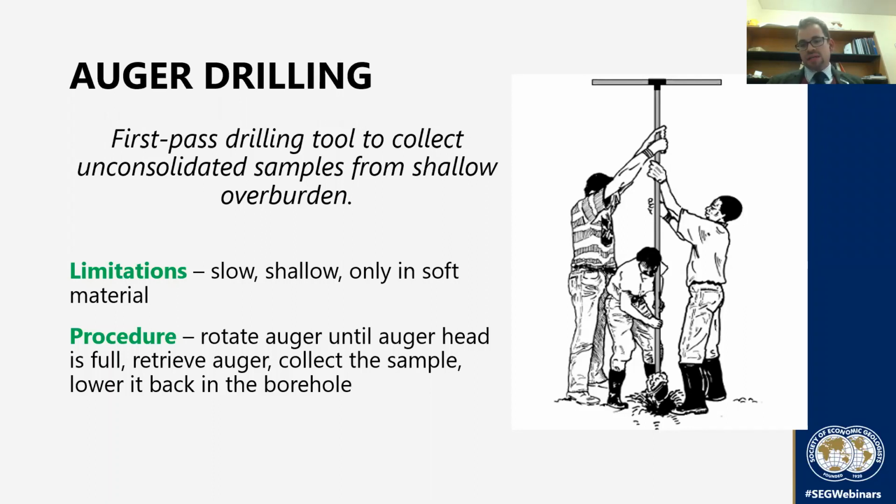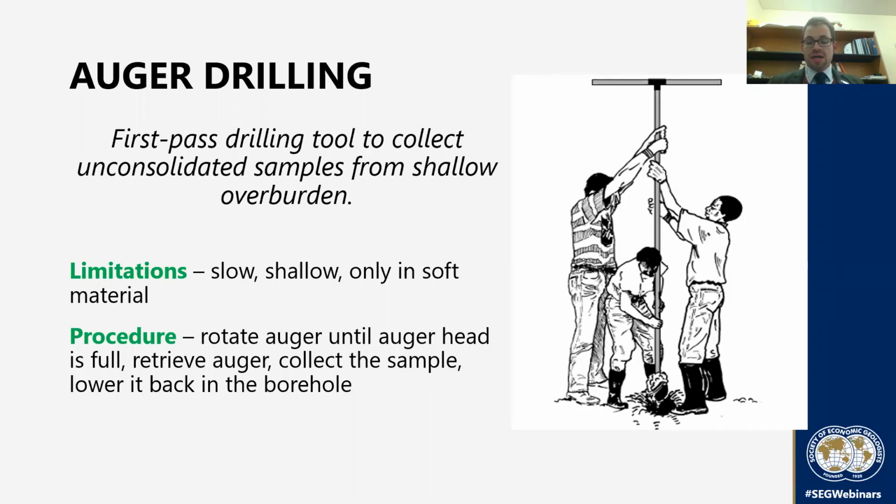And such a drilling technique can be used during conventional soil sampling campaigns. So instead of digging a hole, as we discussed during the last webinar, such an auger will help you to collect point samples. Now, the problem with auger drilling is, even though it can be mechanized and mounted on a drill rig, it's usually quite slow, and it can only be used in shallow overburden and soft material.